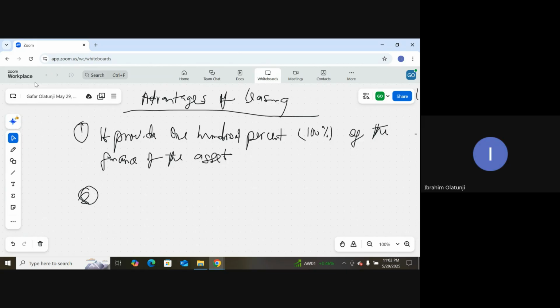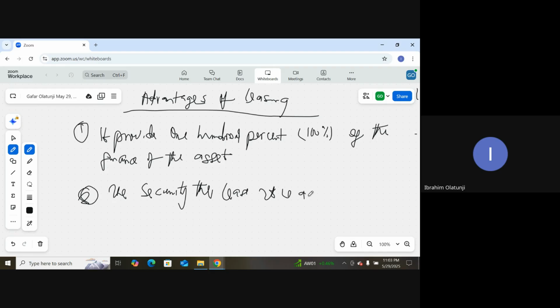And I further explained that one of the advantages again is that the security for the lease is the asset itself.